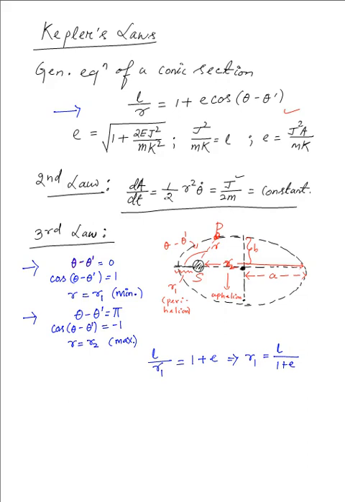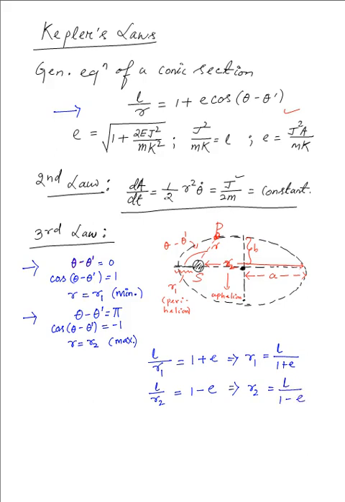Then for the aphelion we have theta minus theta prime equal to pi, and so we are left with 1 minus e on the right hand side. That implies r2 is equal to L divided by 1 minus e.